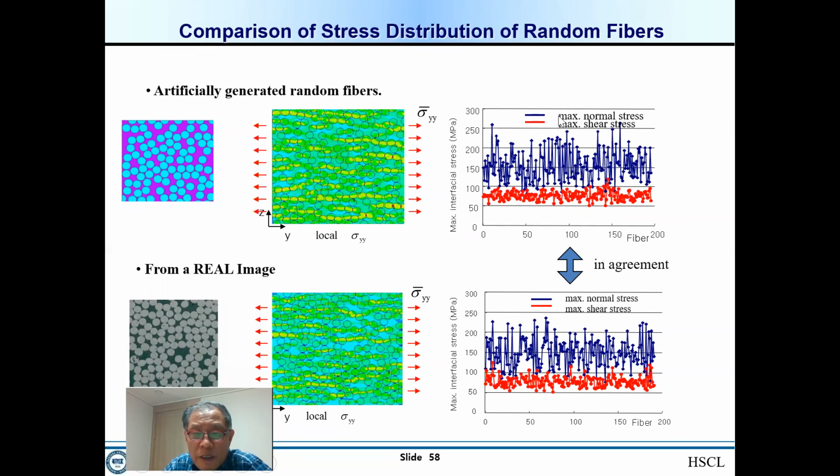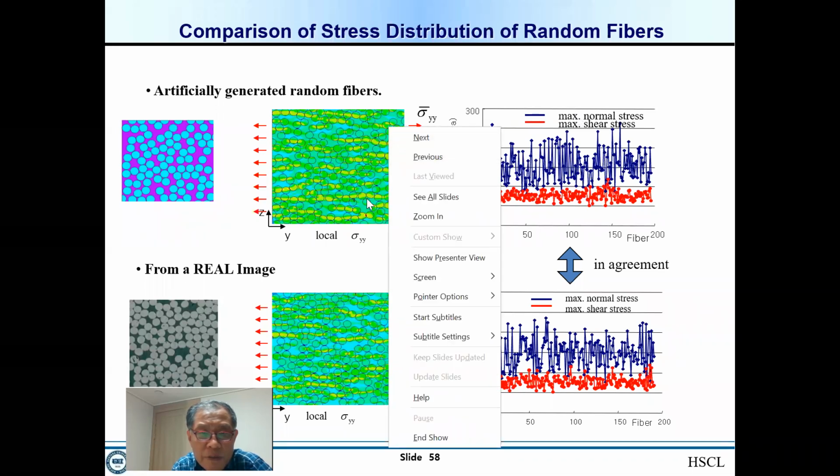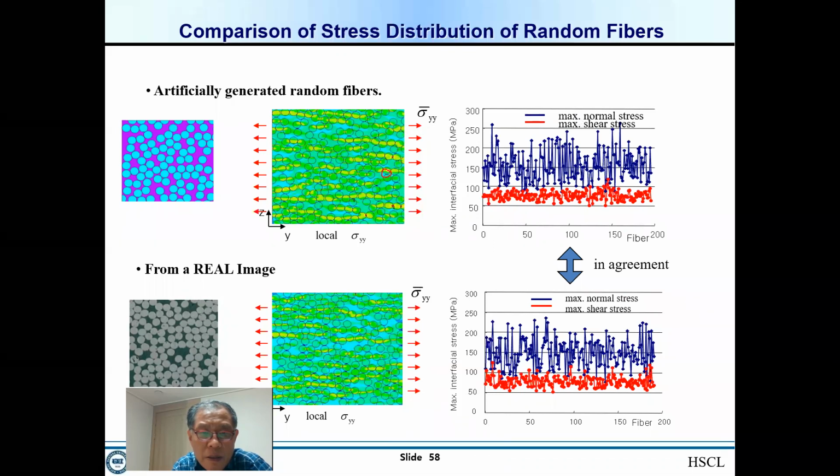As a conclusion, as you can see here, the blue is the distribution of maximum normal stresses, and the red indicates the maximum shear stresses at the interface. Every fiber has a maximum normal stress and maximum shear stress, and we plot them.